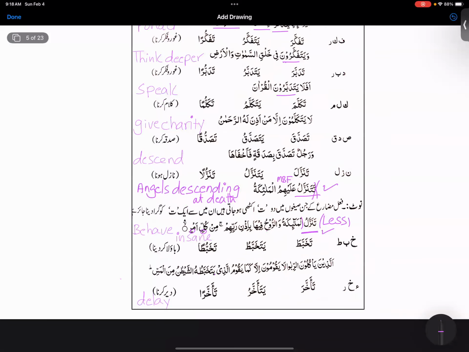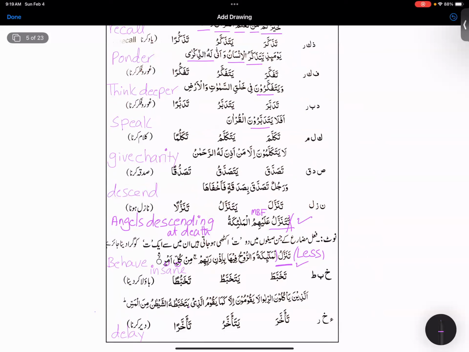Then we have takhabbata, yatakhabbatu, takhabbutan. Subhanallah, like behaving like insane. And it says alladhina yakuluna riba, those who eat riba, who consume riba, la yaqumuna, they won't be able to stand, illa, except kama yaqumul ladhi yatakhabbatuhu shaitanu minal mass.